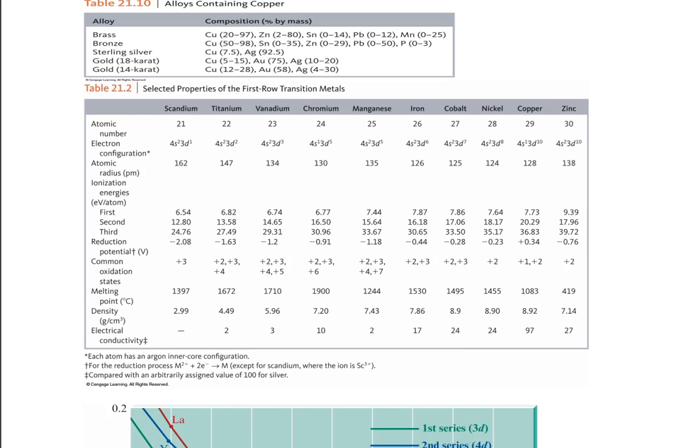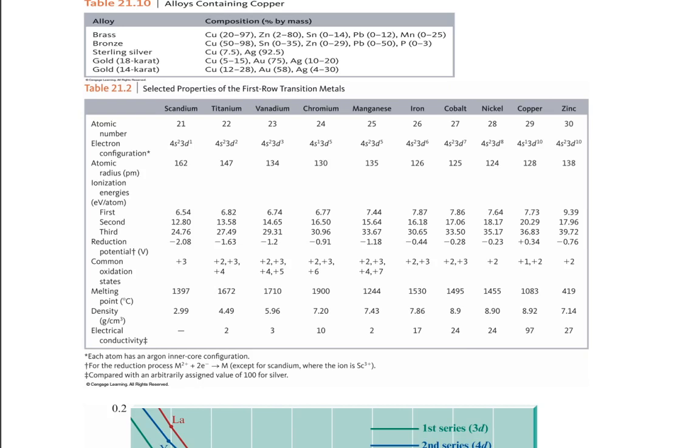That's not quite what's expected. It turns out it's lower energy for the second 4s electron to be in a 3d atomic orbital. Manganese is what we'd expect, 4s2, 3d5. Iron, 4s2, 3d6. Cobalt, 4s2, 3d7.